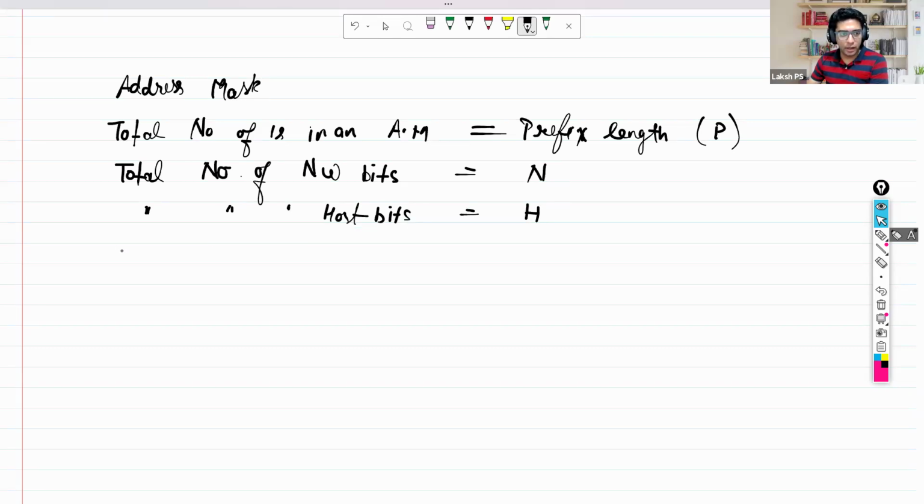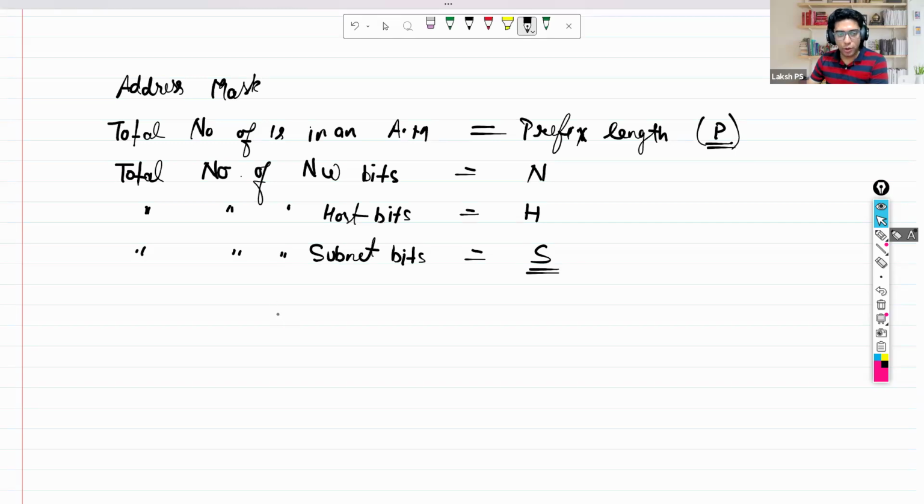Now, a new term, subnet bits, are also present. We will denote that as S. Now, this S is part of the total prefix length as well.